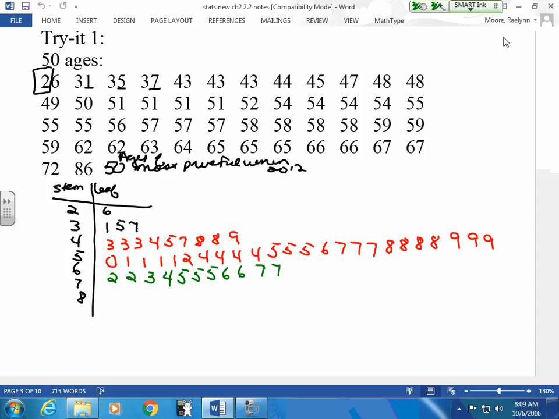The 70s, I only have a 70, and I have an 80. There's my stem and leaf. Now, if you turn your page sideways, it almost looks like a histogram, where these are the bars. Here's my bars.